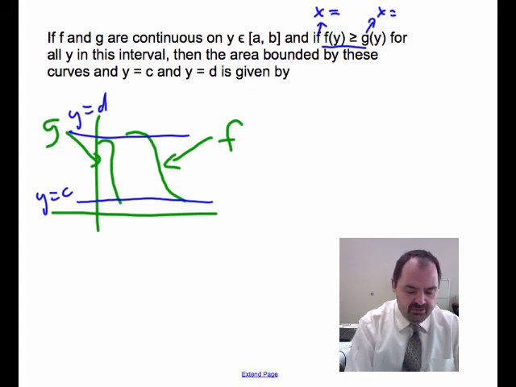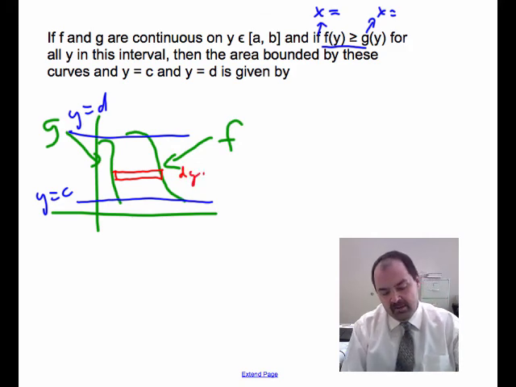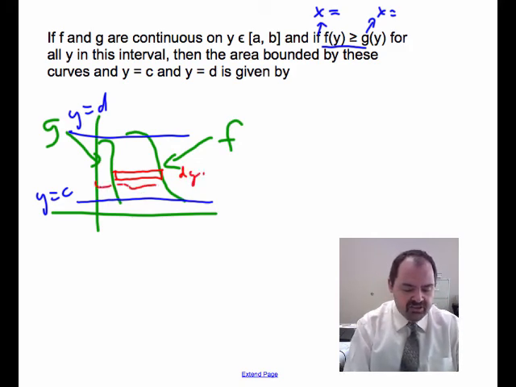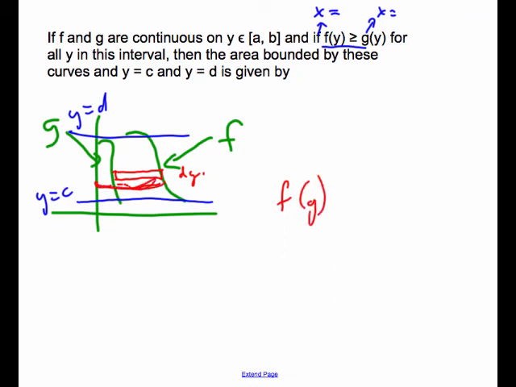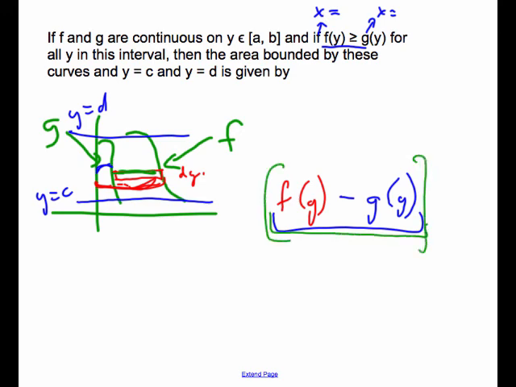If we run our rectangles horizontally, our thickness will be a piece of y, and our length will be the x distance on f, keeping in mind that that's with respect to y, so it's f of y, this distance, minus g of y, which is this distance, to give me my distance here, times thickness dy, and summing up all the rectangles running from y equals c up to y equals d.